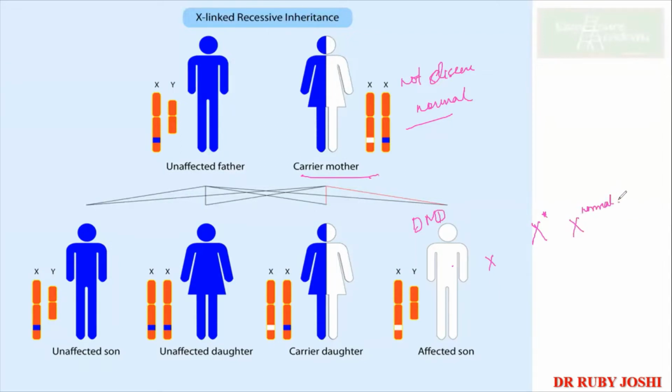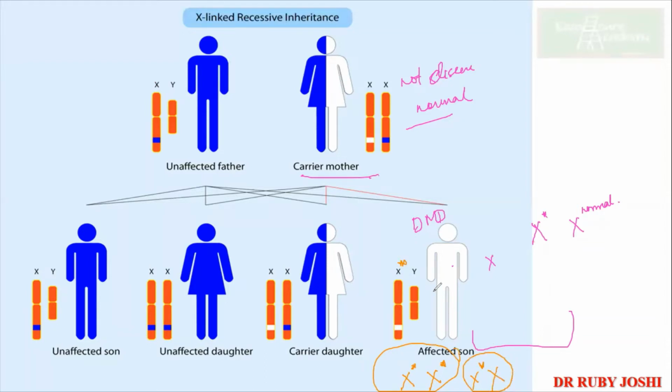Now the chances, इनके क्या क्या बच्चे हो सकते हैं? What are the chances? So they can have X affected. This is affected, right? This one and this. So here we have, this is one daughter. Second daughter is going to have this and normal. This is going to be your carrier daughter child.